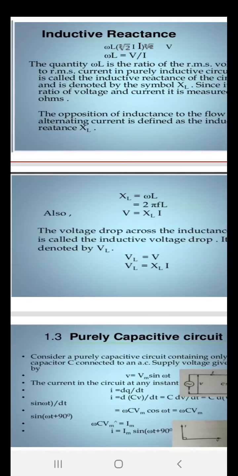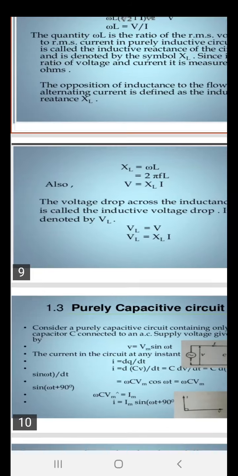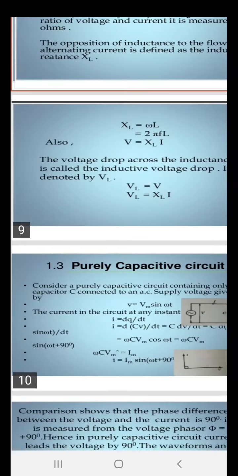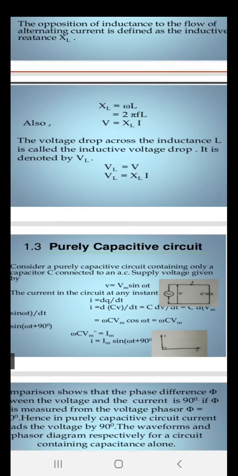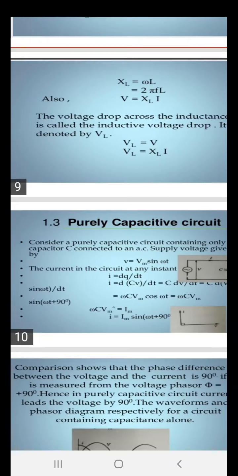Next, XL is equal to omega L, which is 2 pi f L. V is equal to XL I. The voltage drop across the inductance L is called inductive voltage drop. It is denoted by VL. VL is equal to V, and VL is equal to XL I.